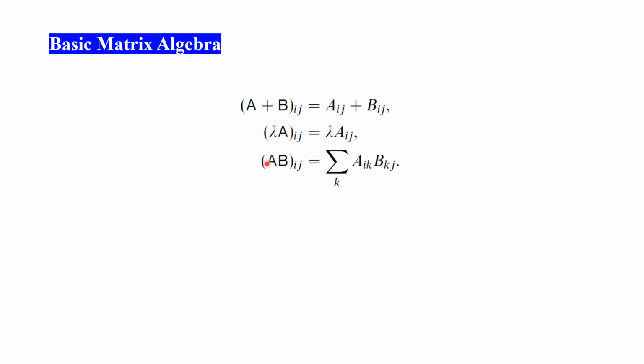And you have (AB)ij that's equal to the sum over k of aik bkj, and this is what you call your multiplication of matrices. And we shall go through these one by one.